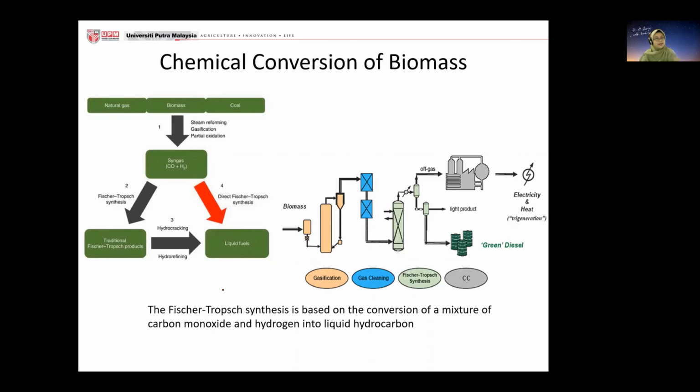This is a chemical process. You have a specific catalyst which will convert the CO and H2 into liquid hydrocarbon. Depending on the design and the catalyst used, you will be able to tune the fuel that you are going to produce.